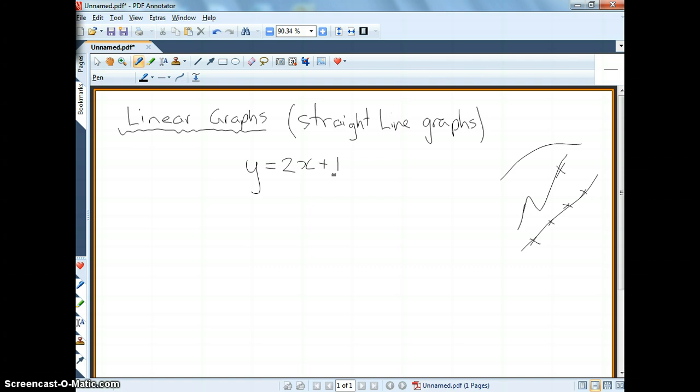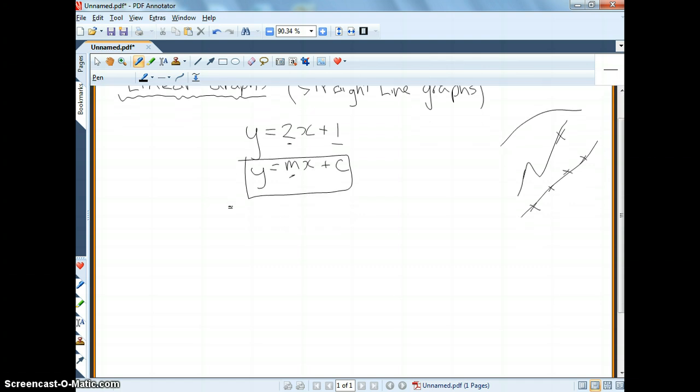That is the standard form for writing a straight line graph, and some of you may know that we give the number of x's the letter M and the plus 1 the letter C. Okay, and that's a general formula. We'll come back to that later in this topic, but I just want to point out that's the general form for writing a straight line graph.